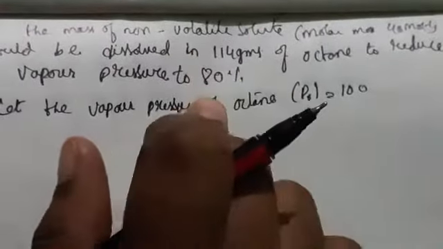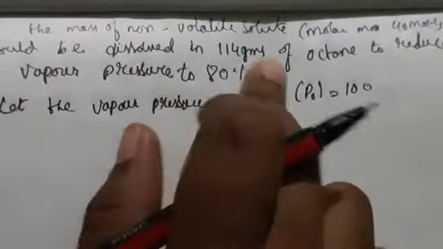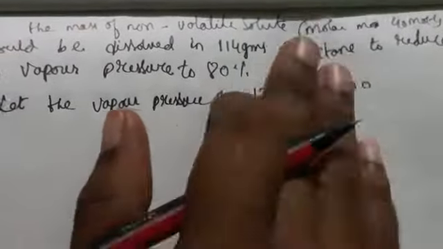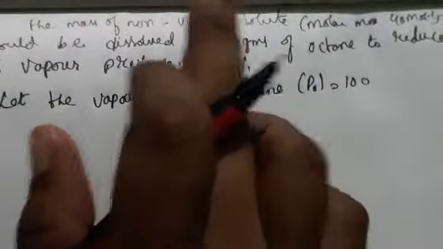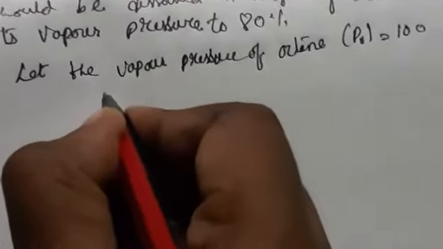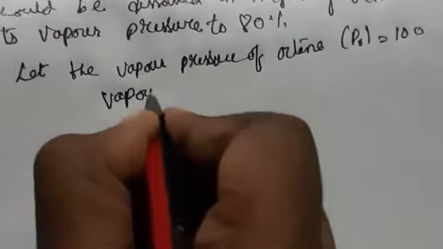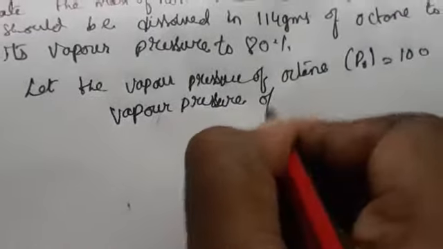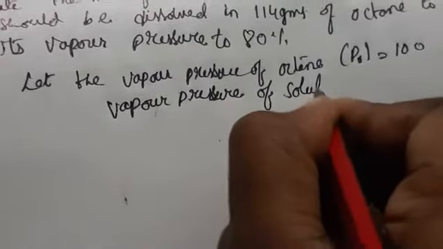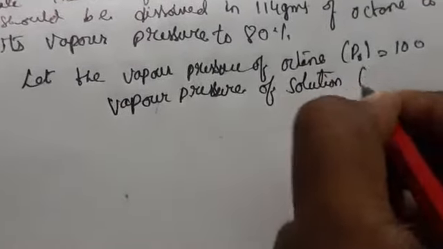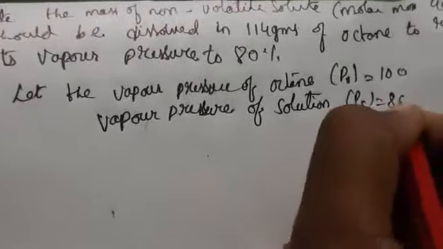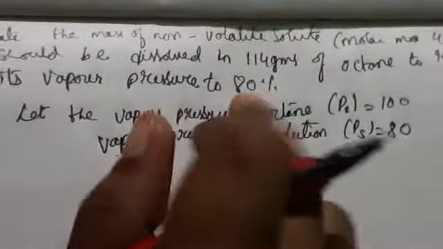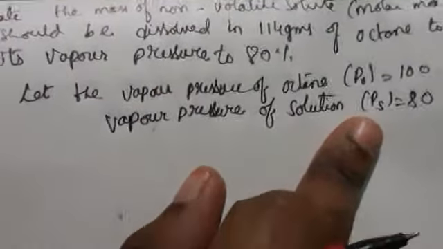How much has the vapor pressure reduced? Let the vapor pressure of octane be 100 in total, and the solution he has given is 80%. So the vapor pressure of the solution, PS, is 80.